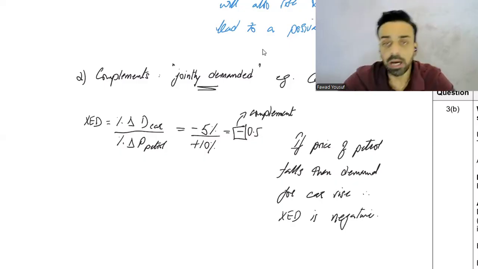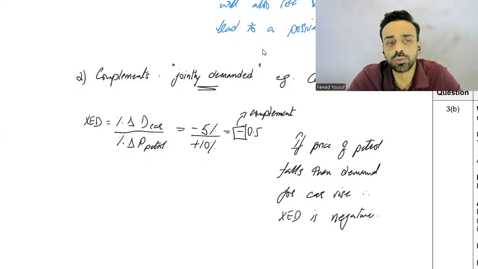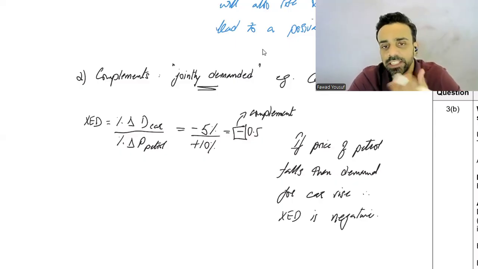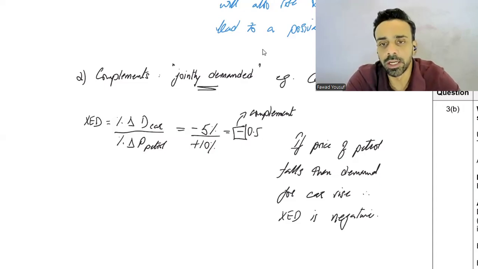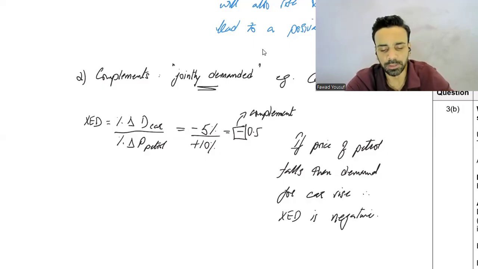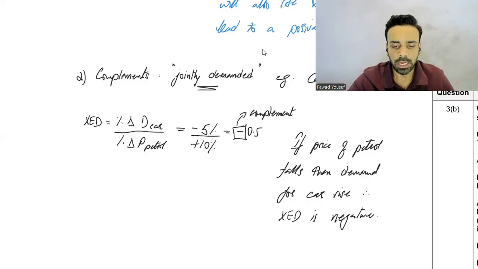Okay. When you write this answer, obviously you have to go into much more detail, but as examiners, we're just picking out the key things that have been discussed or not, right? If the student has connected negative with complement, with jointly demanded, I'll give the 1 mark. I'm not gonna be petty with that, you know.